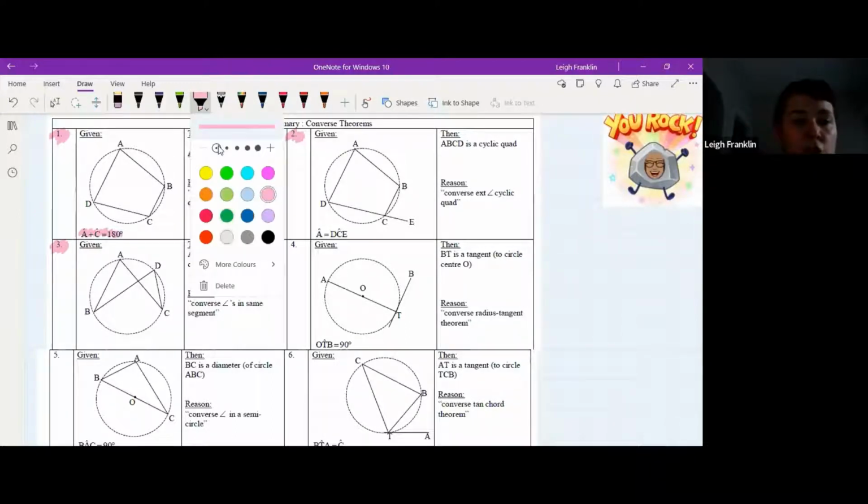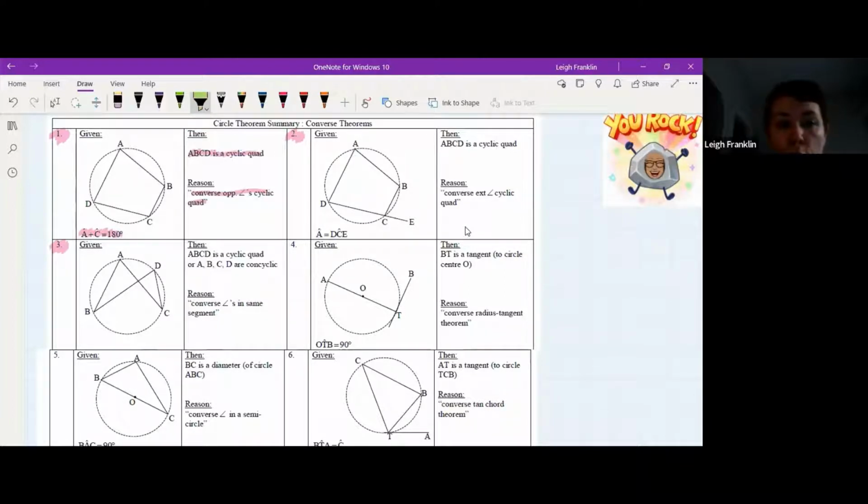If in a different scenario, a different question, we were able to prove, or it was given to us, that angle A, so this angle over here, equals angle ECD, sorry, that's not right, there was a mistake with that, it's just a typo. That should be BCE.